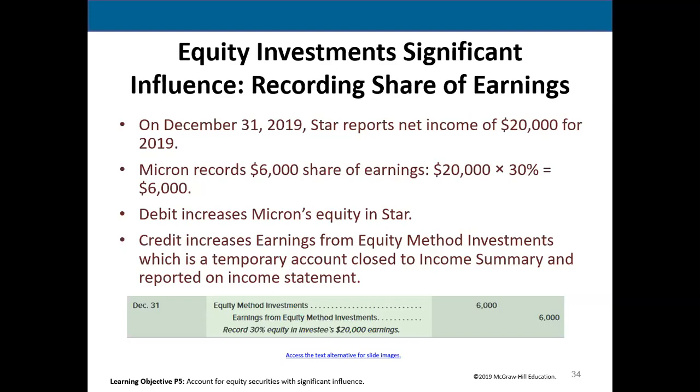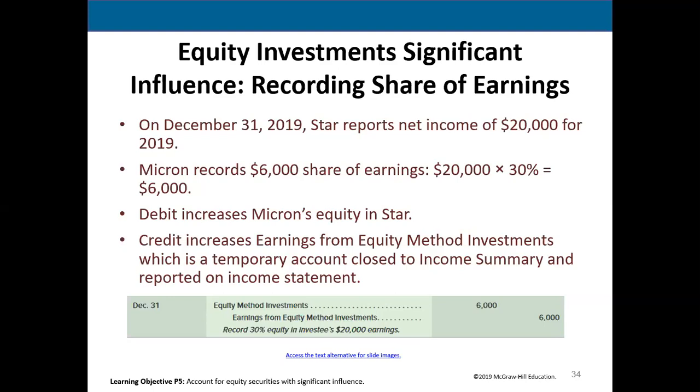So let's look at net income first. When STAR, now this is the company Micron bought, reports net income of $20,000, here's what Micron does. Micron takes the $20,000 and says basically 30% of that net income is ours. At some point, we're going to get that back in dividends.